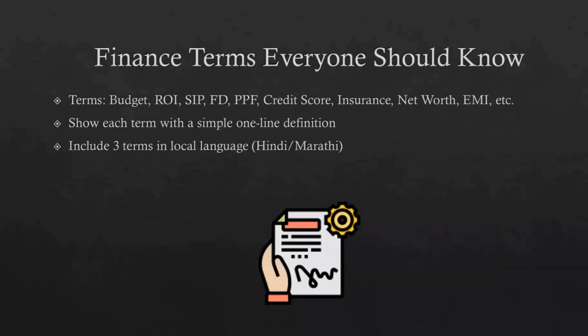Moving on to financial terms everyone should know. Key terms include budget, SIP, FD, PPF, credit score, insurance, net worth, EMIs, etc. Explain these in simple terms. For example, ROI is the return you get on your investment, that is, return on investment. You can even teach this in Hindi and Marathi for better reach, where people in rural areas are still not educated about all this.